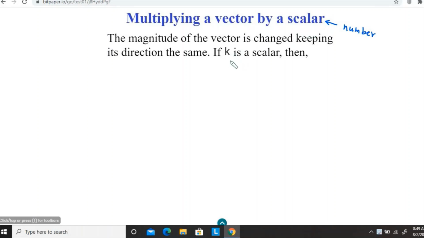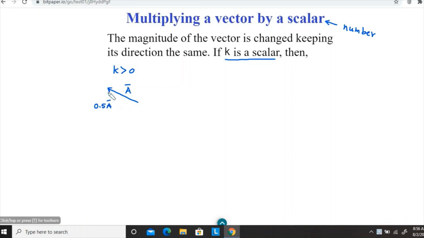So let's say our scalar is k, and initially it's greater than 0, that is, it's a positive value. So let's consider our original vector as a, and then I'm going to multiply by 0.5. So let's say k is 0.5, so we have 0.5 times a.